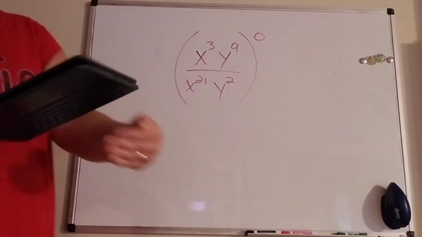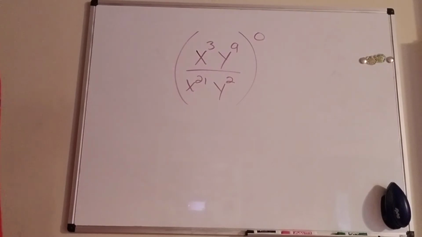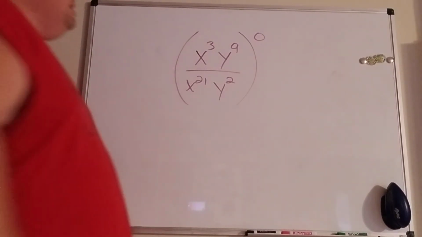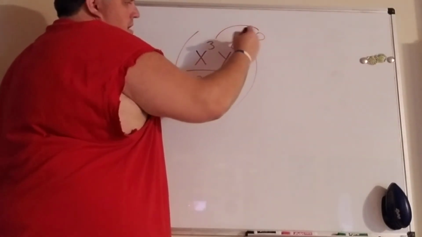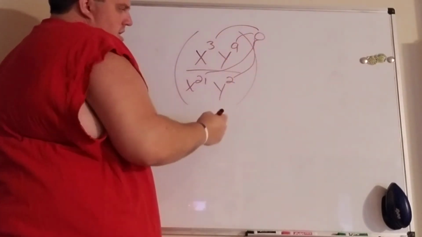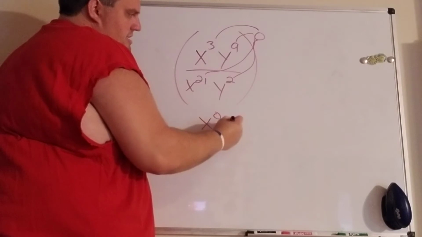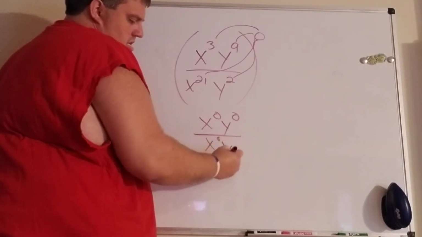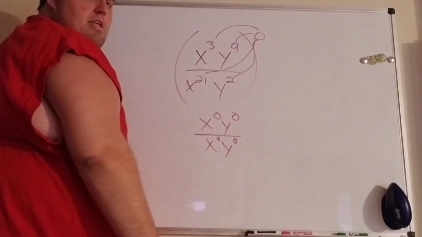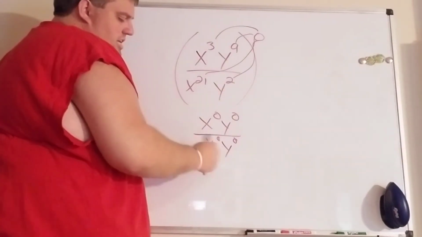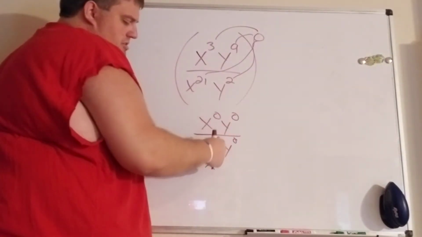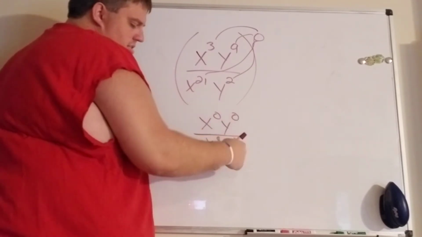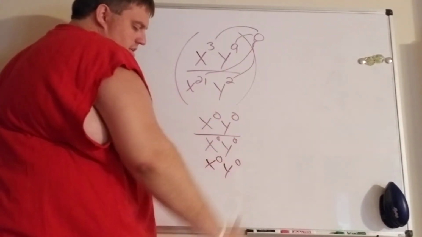So looking at this one, you're probably thinking, all right, we can do power to a power, and the 0 is going to get multiplied by all this stuff, and 0 times anything is 0, right? And then we have the division rule that says you keep the base, you subtract the exponents, but 0 minus 0 is 0, and 0 minus 0 is still 0.